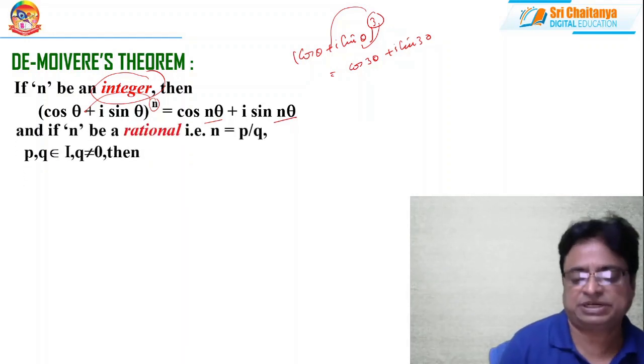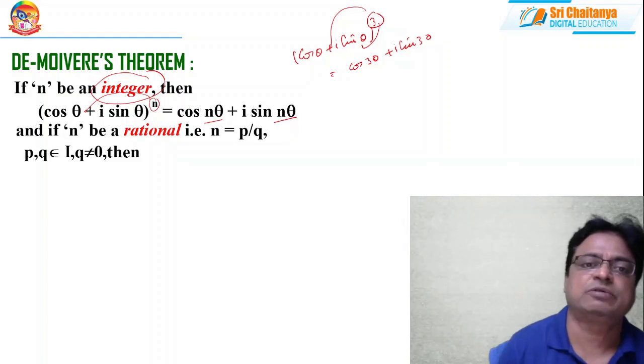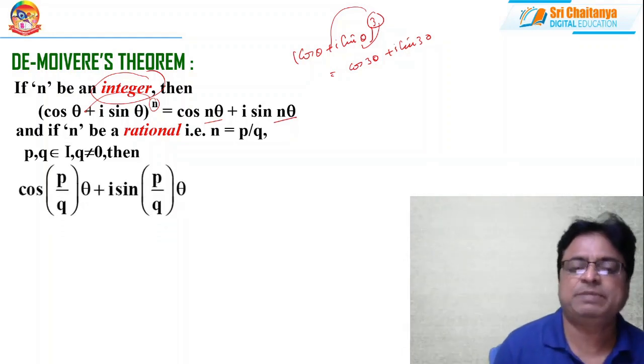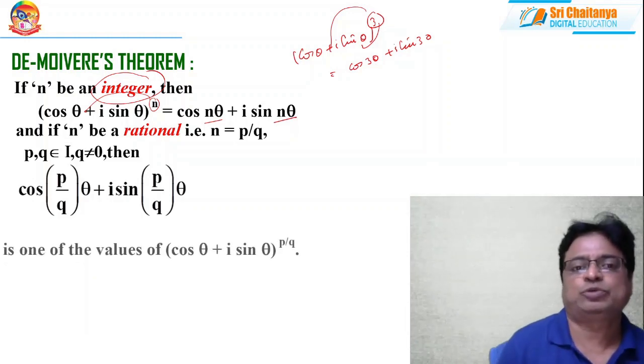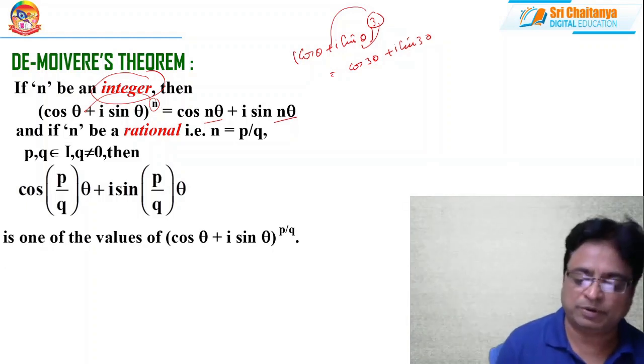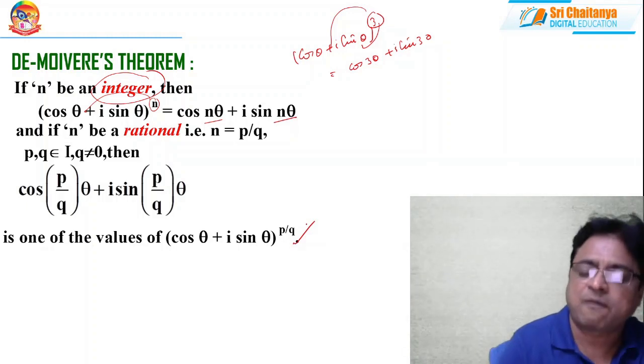Suppose if n is a rational number of the form p by q, where p comma q are integers and q not equal to 0, then cos (p by q) theta plus i sin (p by q) theta is one of the qth roots of (cos theta plus i sin theta) whole power p by q. So this is a very, very important point to remember.